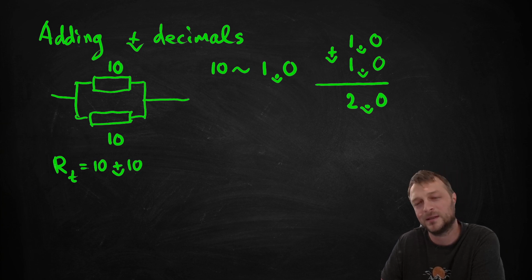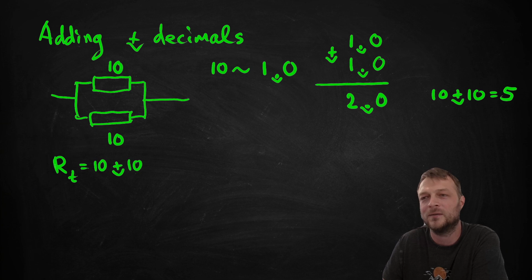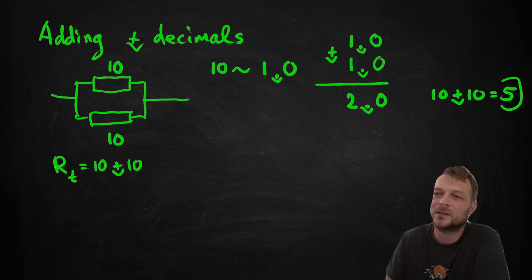That's dual decimal. Now we need to convert it to just fractions, normal fractions. What is 2? It's the same as 10 plus 10, which is 5. So fraction 5 represented in decimals, in dual decimals, as 2.